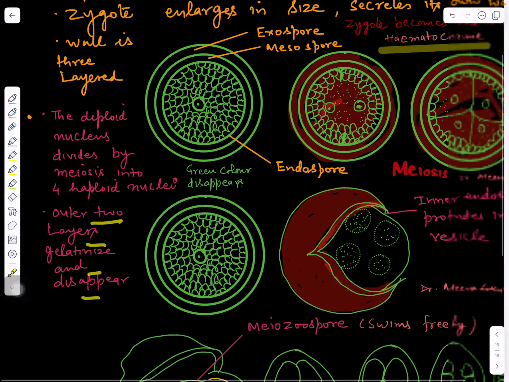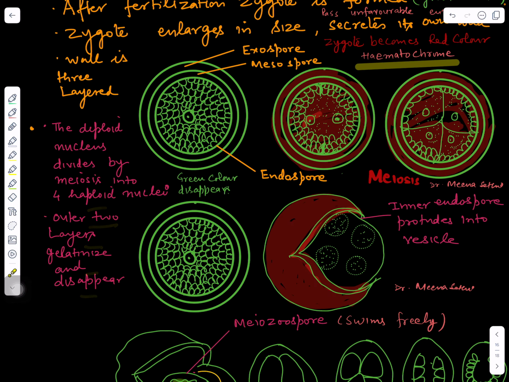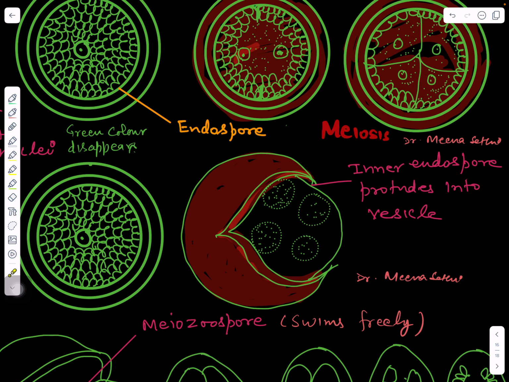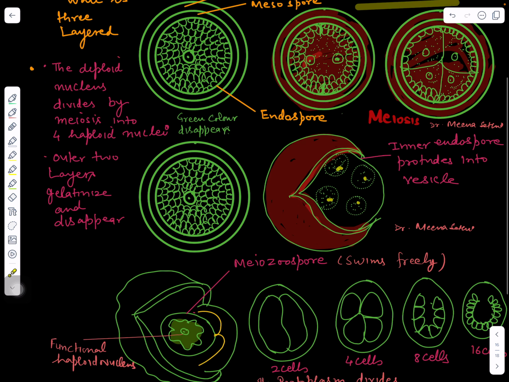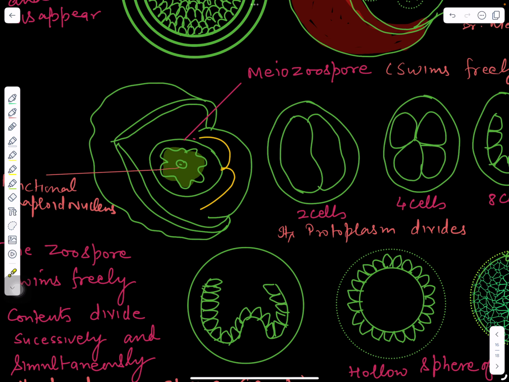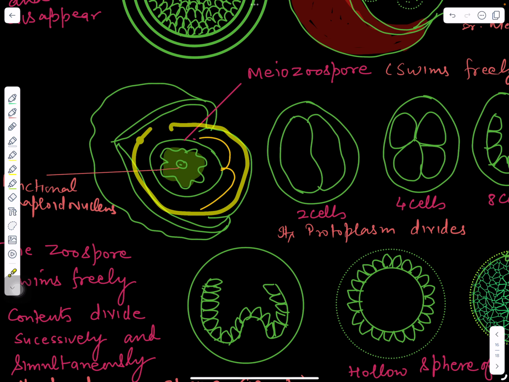These 4 haploid nuclei will migrate into a vesicle-like structure. We can see here, this is the inner layer, which is endospore, coming out in the form of a vesicle, and 4 haploid nuclei are present over here. Now, out of the 4, 3 may degenerate and 1 can become functional. This is the vesicle, in which this functional nucleus has developed into a meiospore.